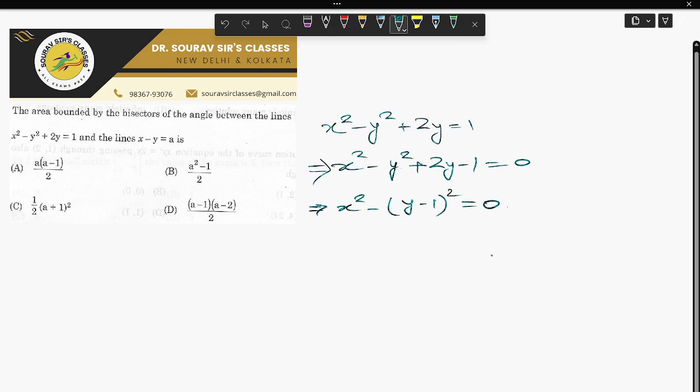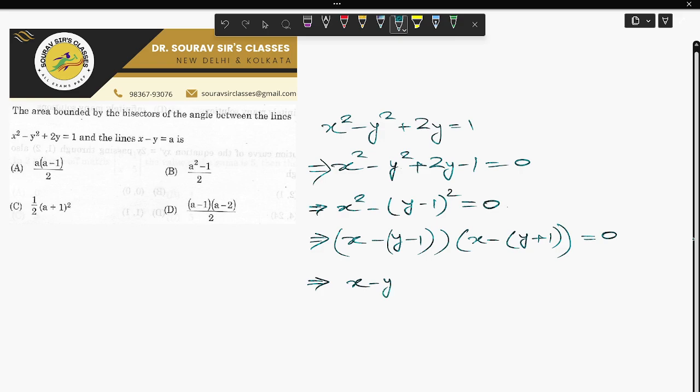After that, we can write (x minus y) into (x minus y plus 1) equals 0. So we will get (x minus y plus 1) into (x minus y minus 1) equals 0.